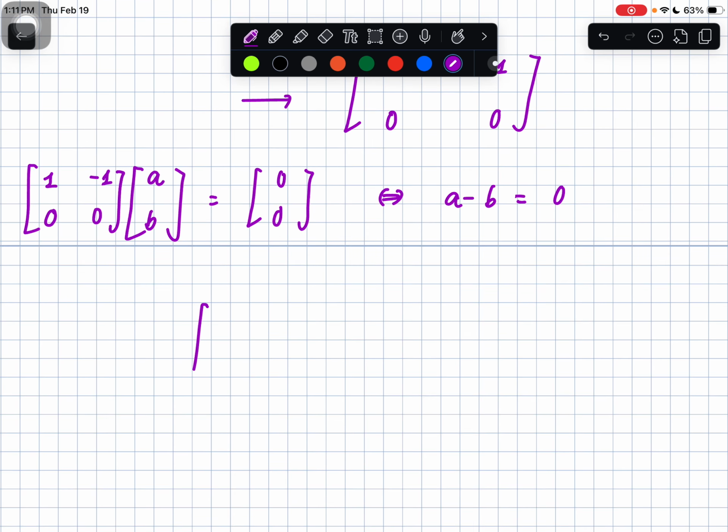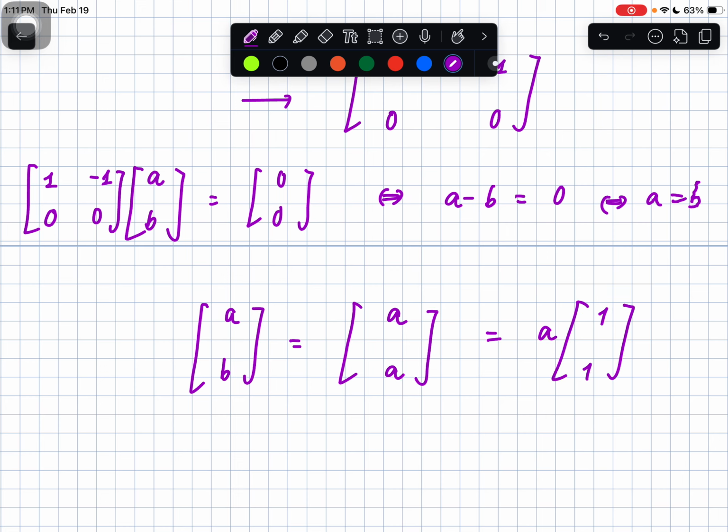So vector v is a vector with a equal to b. So a times (1, 1). Any vector of the form a times (1, 1), where a needs to be different from 0 so that our eigenvector is non-zero.